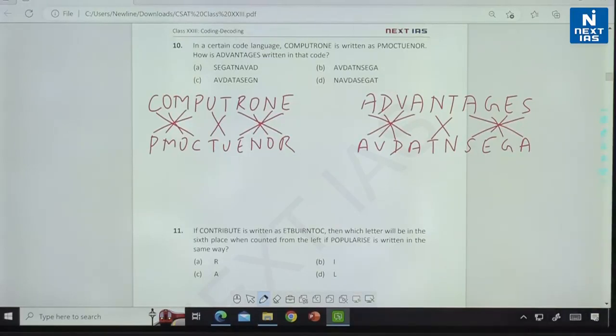Is it clear to all? This is very simple. The first 4 letters are rearranged, the middle two letters are rearranged, and then the last four. Clear? No confusion now?